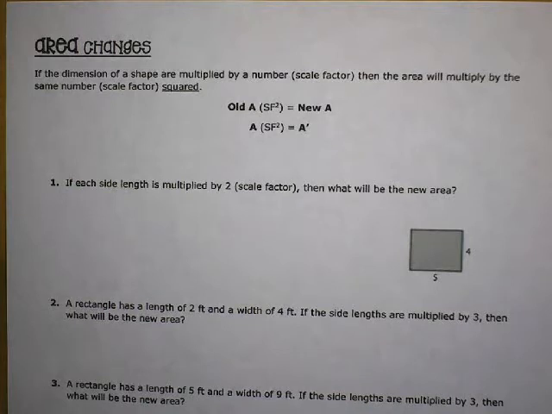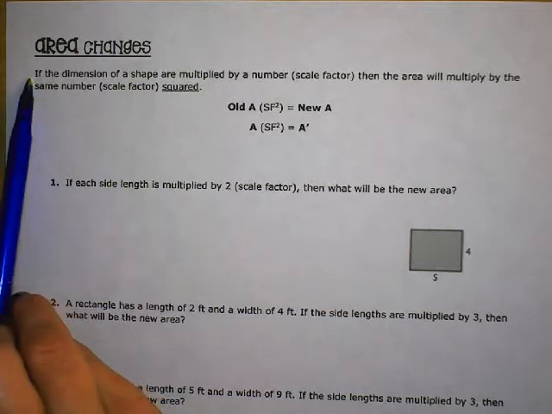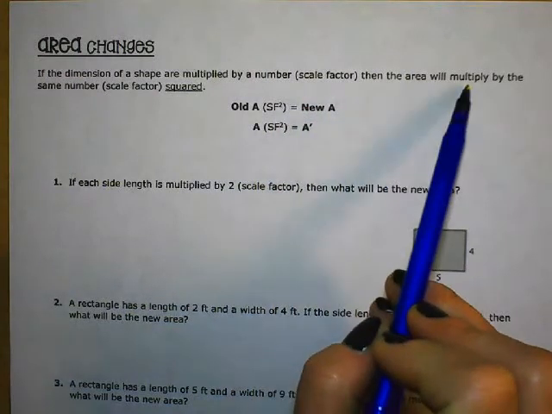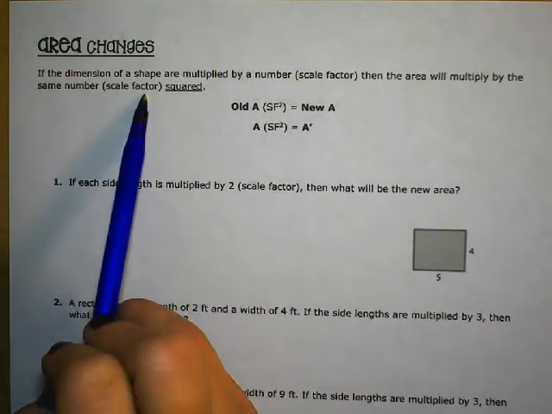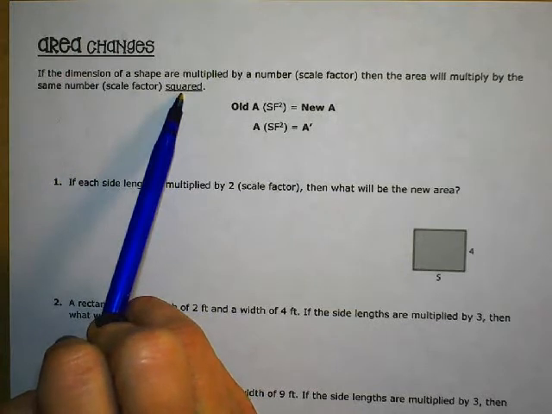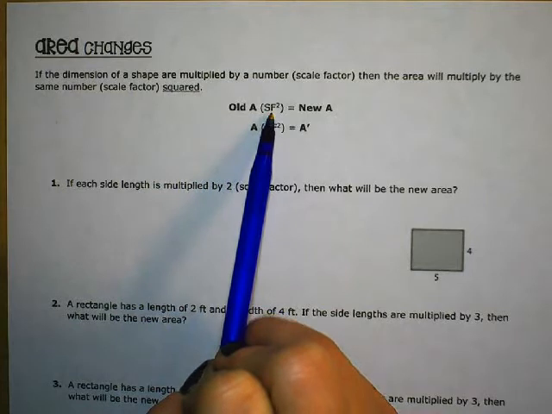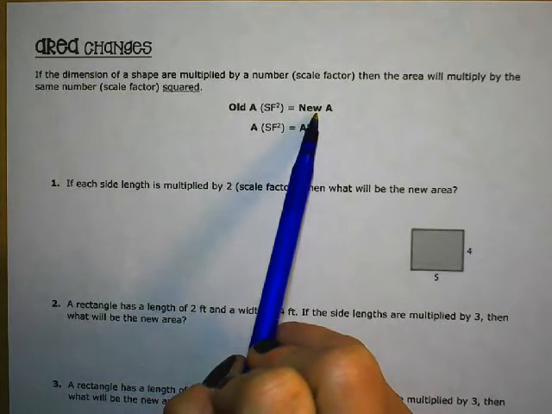Let's take a look at how the area changes when you change the dimensions. If the dimensions of a shape are multiplied by a number, which we call the scale factor, then the area will multiply by the same number, the scale factor squared. It's the old area times the scale factor squared equals the new area.